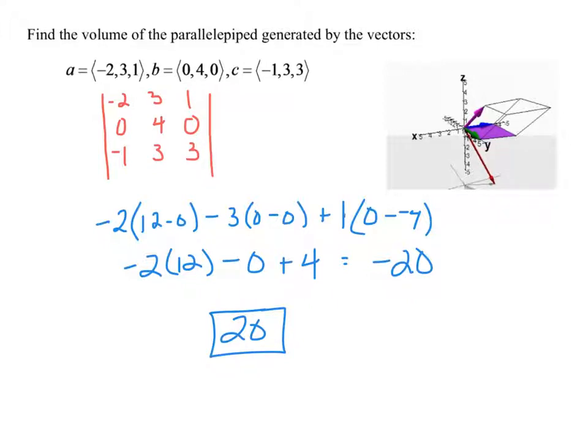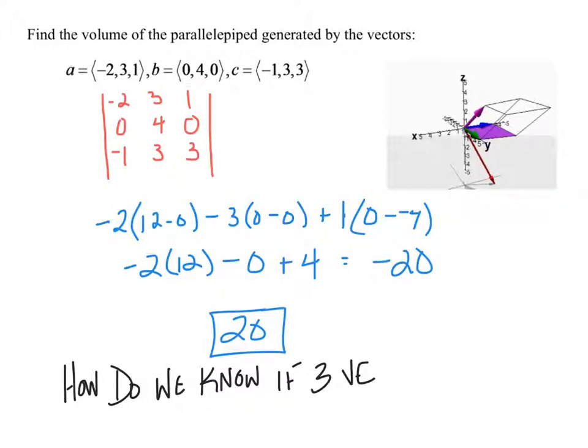Now, the last question I just want to hint at, and something that'll come up, is how do we know if 3 vectors are what we call coplanar? Meaning they all lie in the same plane.